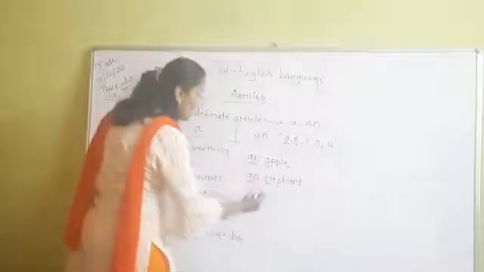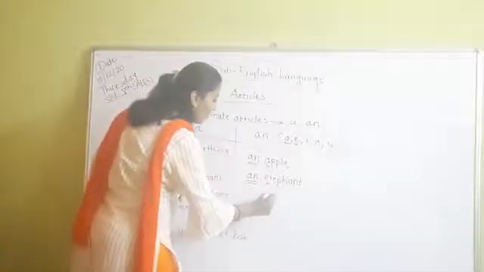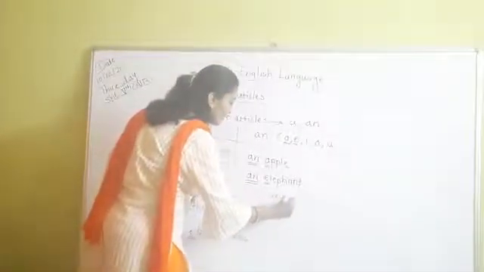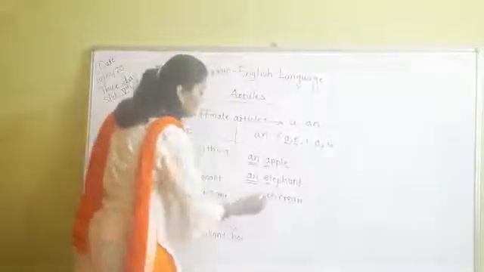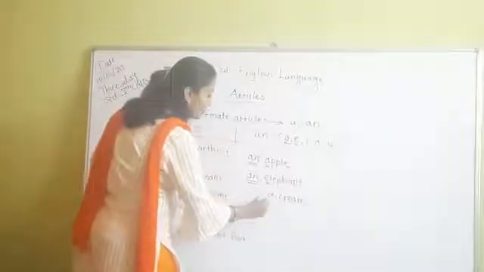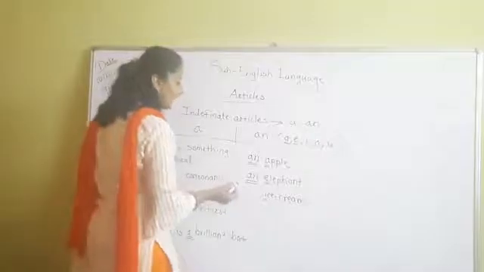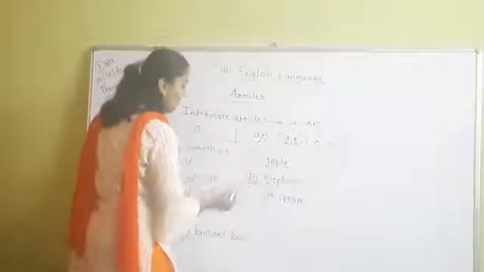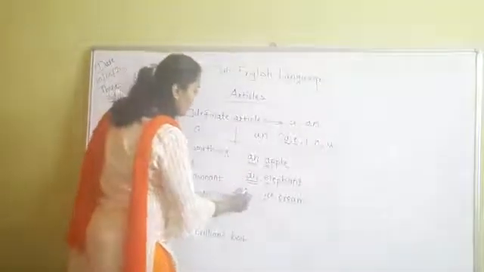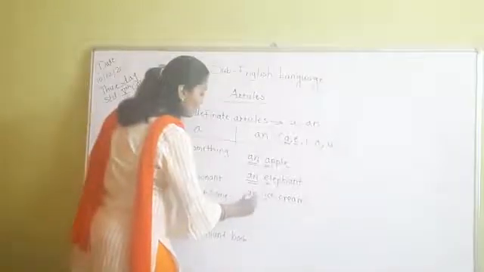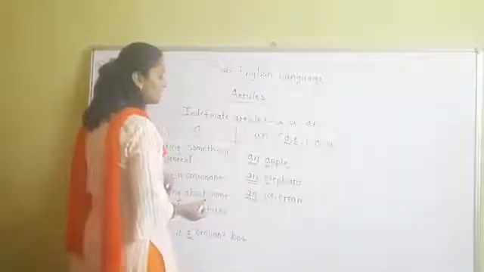Then I for ice cream. Now see, ice cream is a word that starts with I. That is a vowel. So here also we have to use an ice cream.